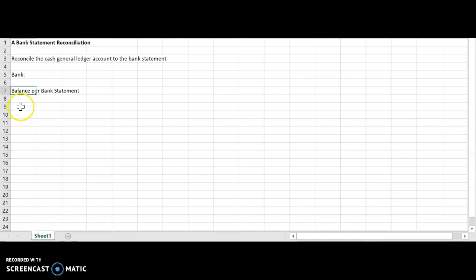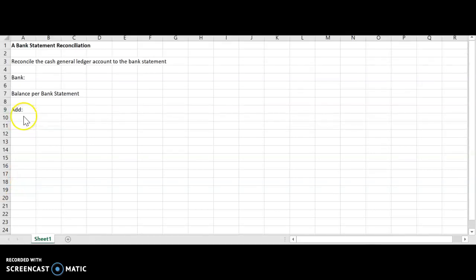So now we're going to look and see if there's anything that the bank needs to add. Things that your bank would need to add would be, for example, deposits in transit. This is like if you dropped off a deposit at 4:30 in the afternoon. You already recorded it in your cash account, but the bank has not yet recorded it.